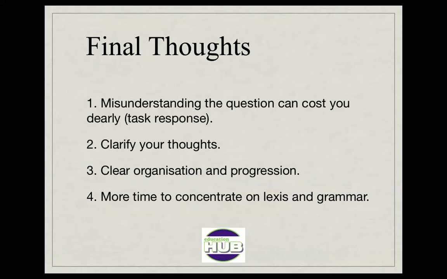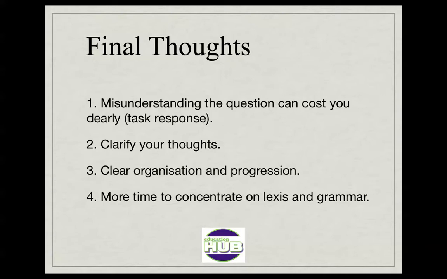Let's go over some final thoughts. Number one, misunderstanding the question can cost you dearly with task response. If you have not answered one part of the question, the highest band score that you can get for task response is a 5. Now, a lot of students that I've had in the past are writing at band 7.